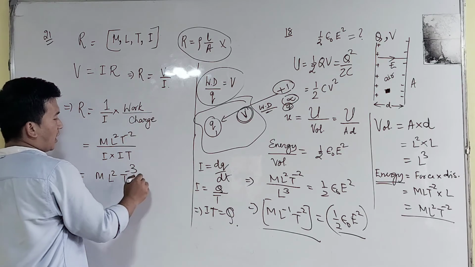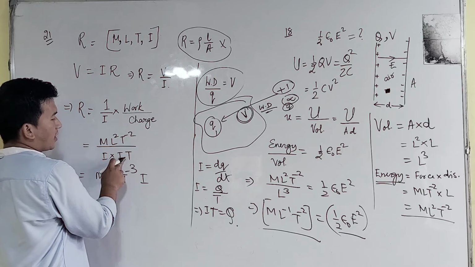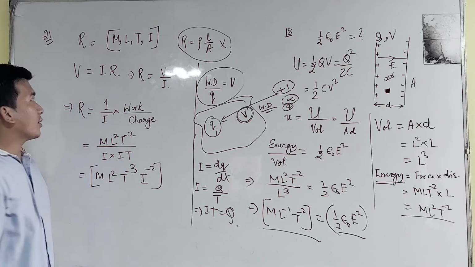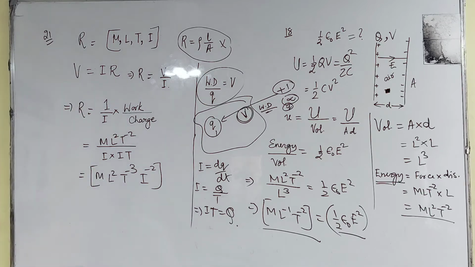Understood the way current I squared, when taken upside, gives this. You should know how to find out the dimension formula of resistance in terms of mass, length, time and current I.